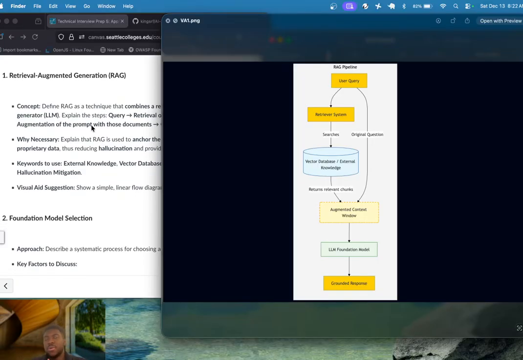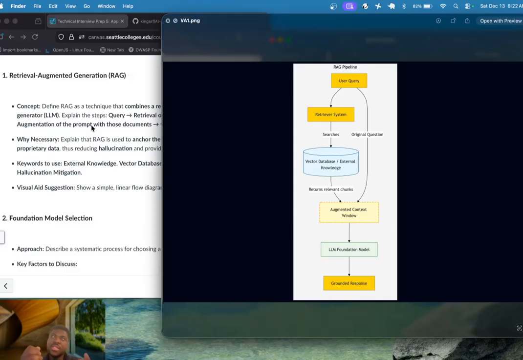RAG is vital for enterprise applications because standard large language models are frozen in time based on their training cutoff, so they don't know about real-time events or proprietary business data. RAG effectively acts as a bridge to external knowledge, grounding the model in facts.